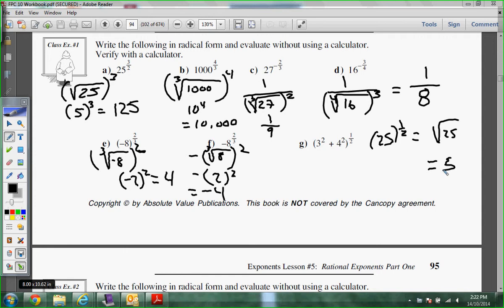Power to power only distributes on what? Multiplication, okay, when they're multiplied. So if this was 3 times 4 squared, I could go bam, bam, hit the 2 there, and then work from there. But you can't, so that's why Molly went ahead and put those together, figured out what those were. She got 25, which makes her feel like she's doing it right because the square root of 25 is 5. Okay, good?